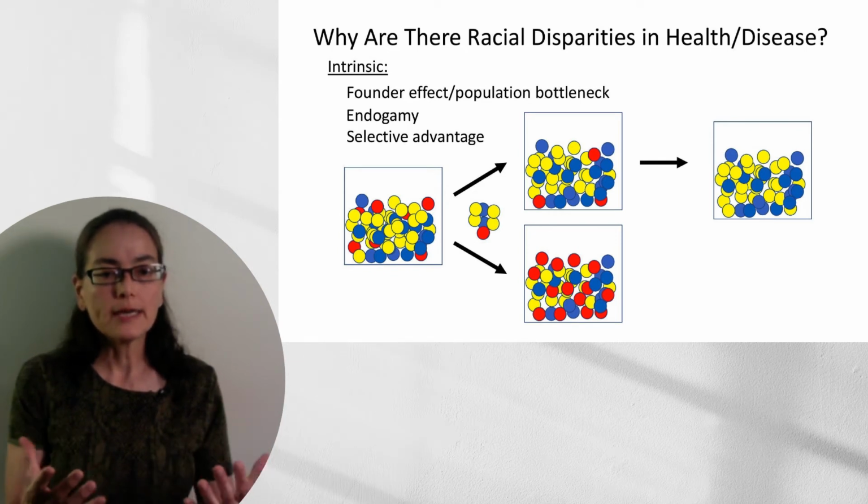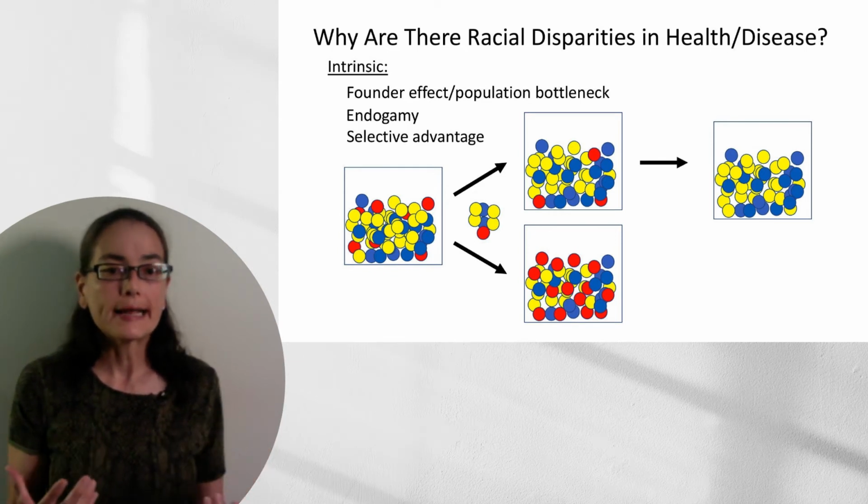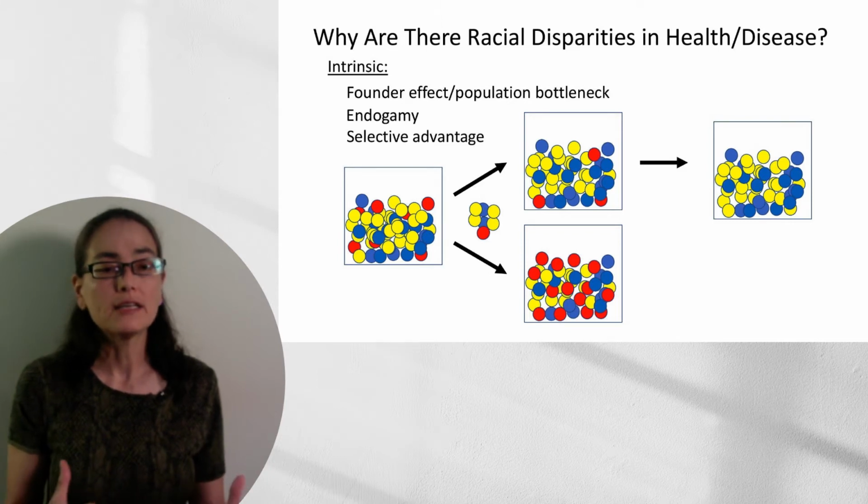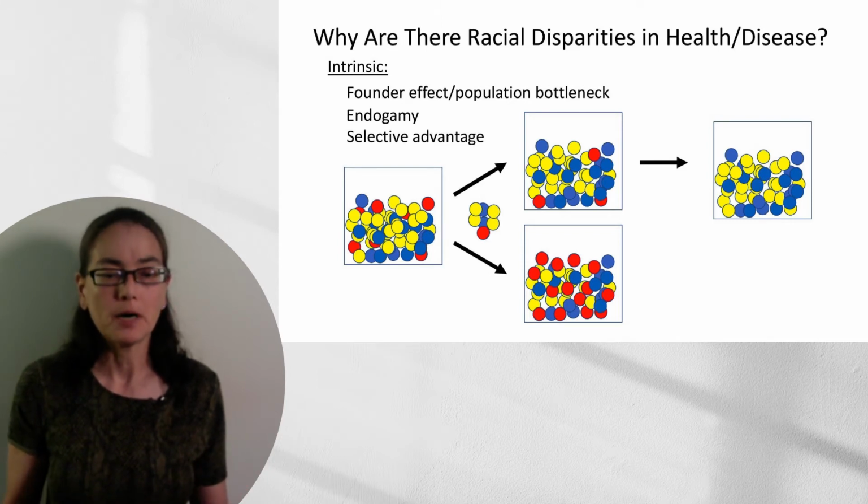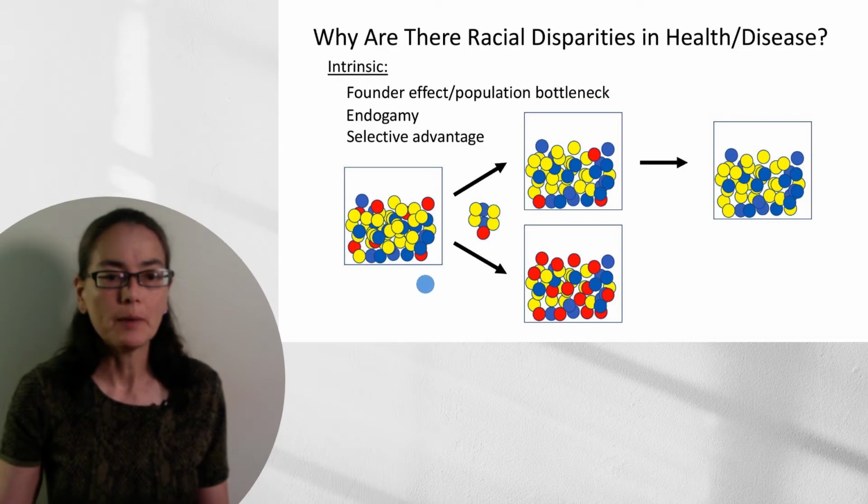So what we're looking at here are going to be genetic issues. We have this idea of the founder effect, or the population bottleneck. Here you have a population, and the different colors represent different alleles.